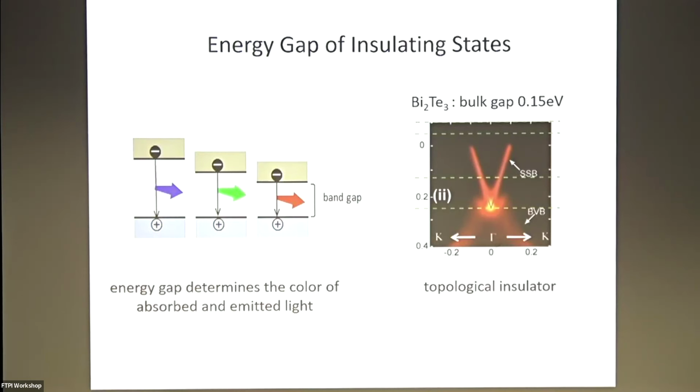In topological states of matter, having a large energy gap in the bulk is very important. Only at temperatures small compared to the gap do we get transport from the surface states. For example, in bismuth telluride, the bulk energy gap is 0.15 eV. This counts as one of the large-gap topological insulators.